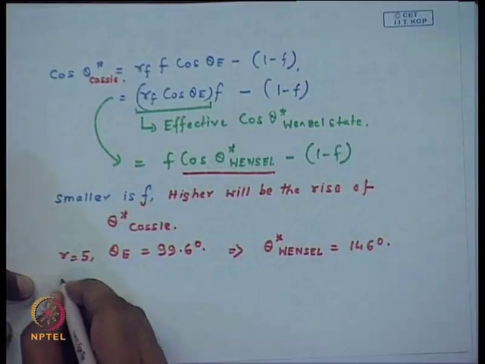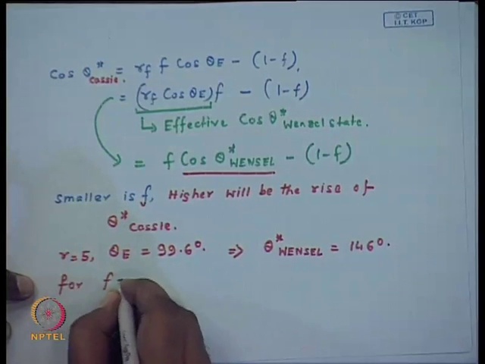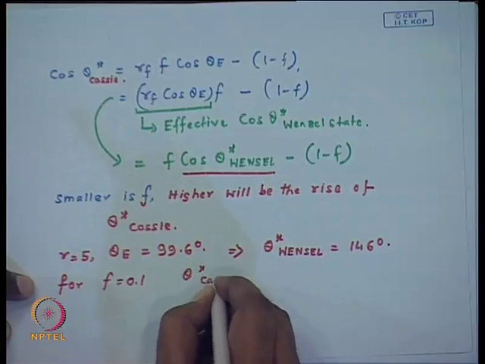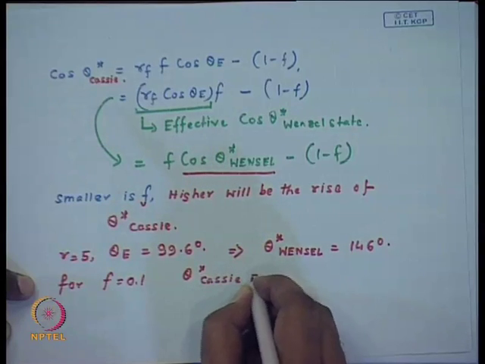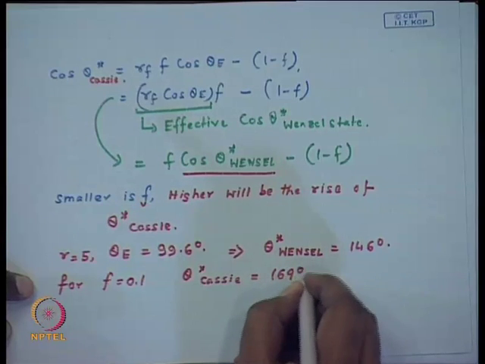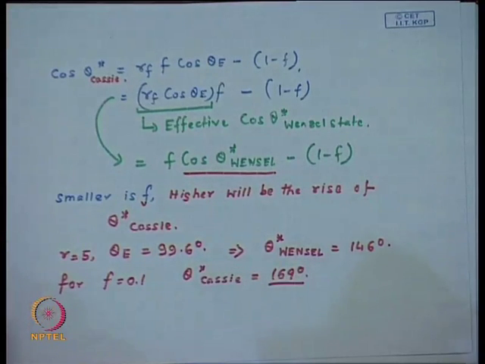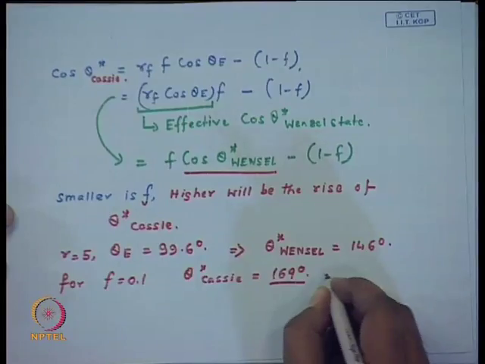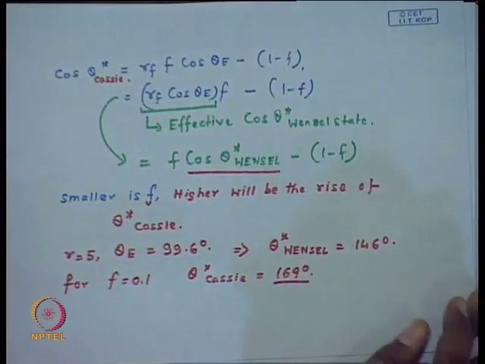Now, for f equal to 0.1, we get theta star Cassie to be around 169 degree. You can see for yourself that if you vary the value of f in the above equation, there will be a gradual reduction in theta star Cassie, and the values will vary from this range of 169 degree to what is given through the Wenzel state, that is 146 degree.